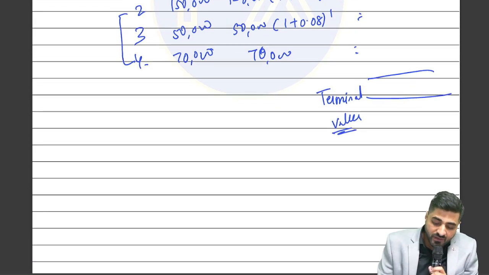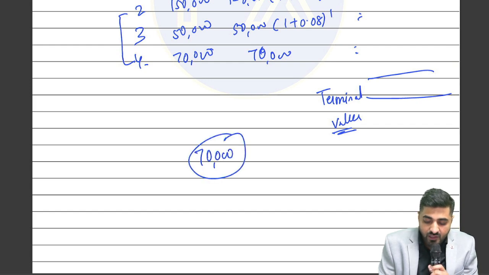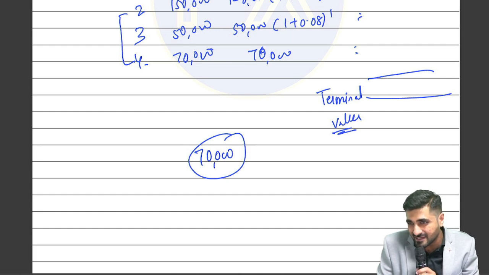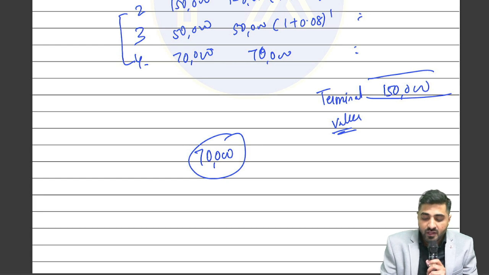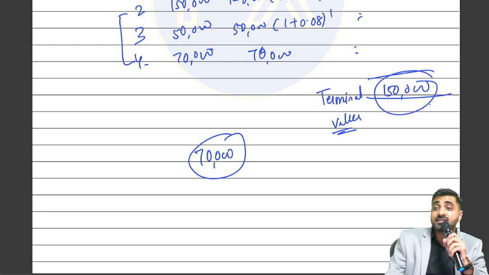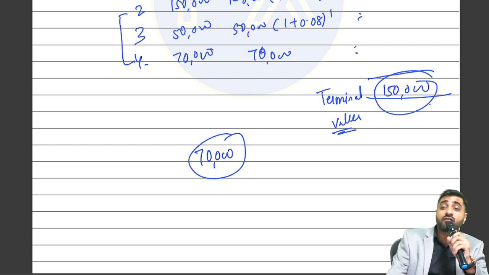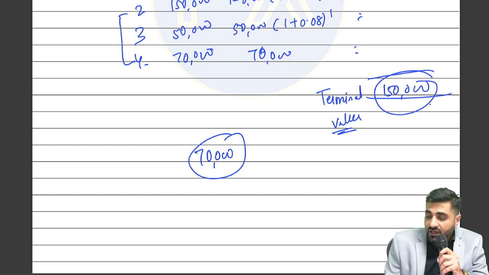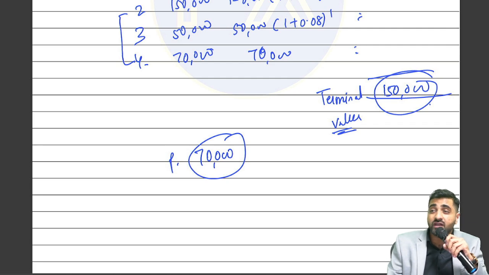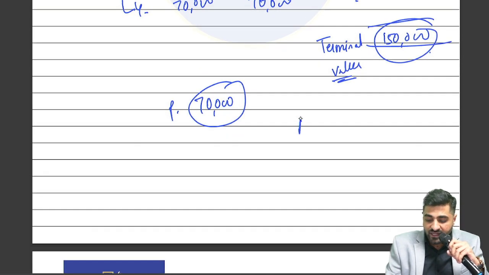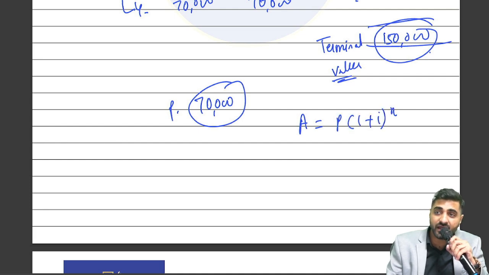So suppose your PV of CO today is, for example, 70,000 rupees. Now the terminal value, for example, comes as 1,50,000 rupees. Example I'm telling. Now this 1,50,000 is the amount which you are going to receive at the end of which year? 4th year. And this is the principal which you are going to invest today. Then can I say I can use the formula amount is equal to principal into (1 plus i) raised to the power n.